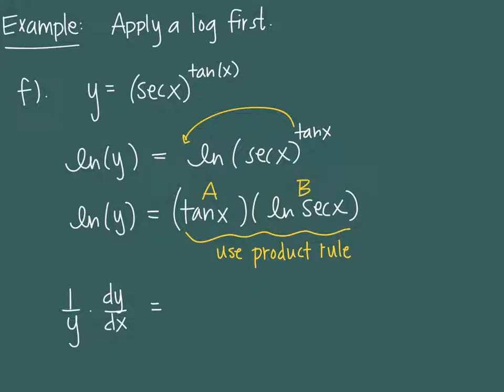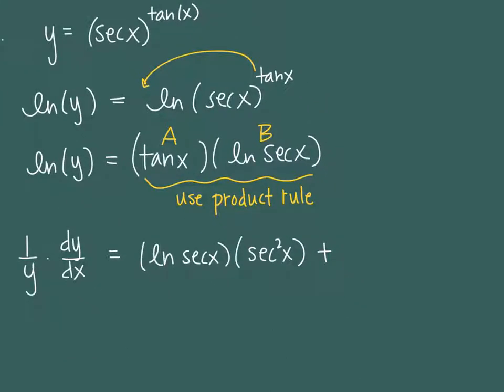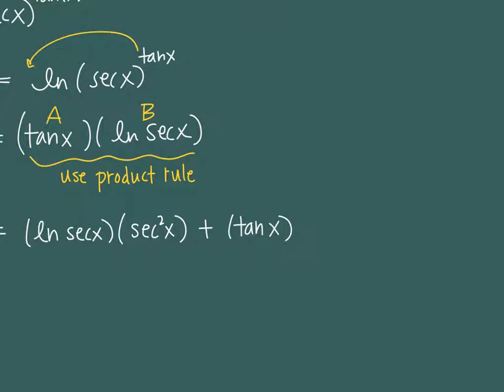My product rule would say start with part b, which is the natural log of the secant of x, and multiply that by the derivative of tangent, which is secant squared, plus, now do a part, which is tangent of x, and multiply that by the b part, which is a logarithm. And so that would be the reciprocal times the derivative. So the reciprocal would be 1 over secant x times secant x tangent x.